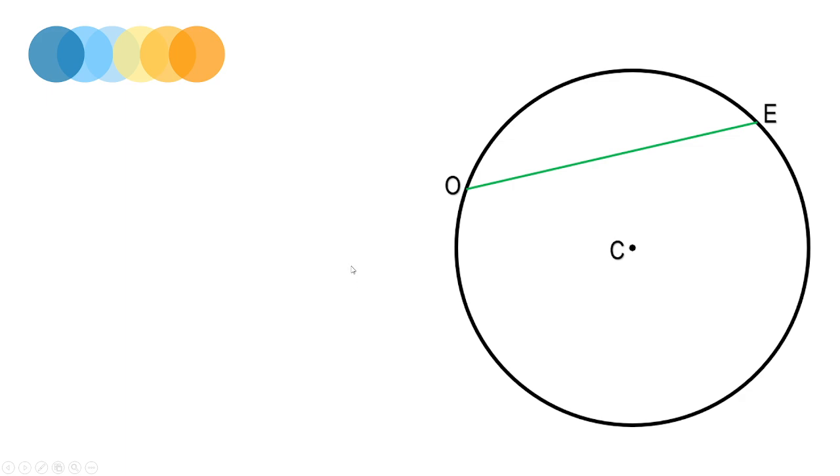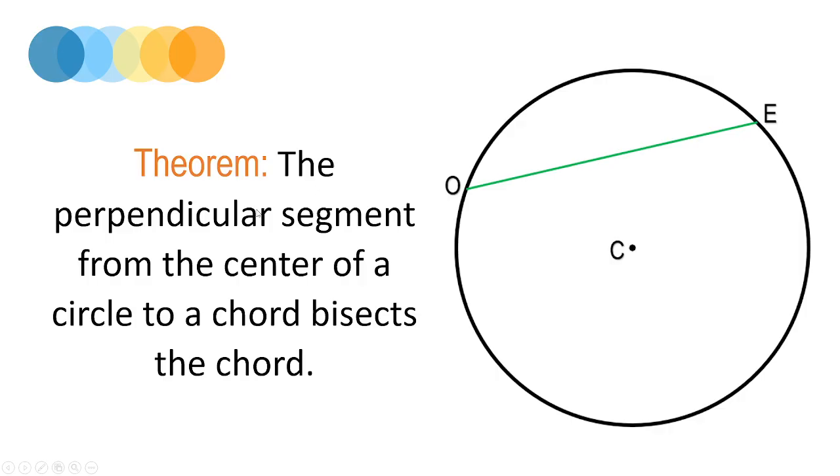Now, let's talk about one of the theorems. It is said here that the perpendicular segment from the center, which you can see here in circle C, to a chord, say chord OE, bisects the chord.